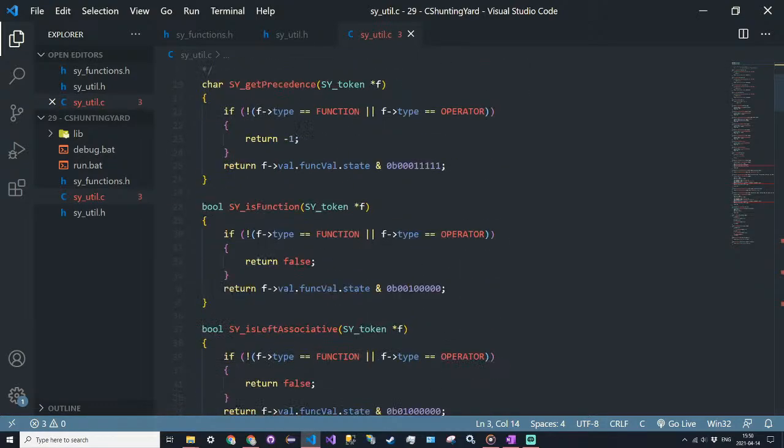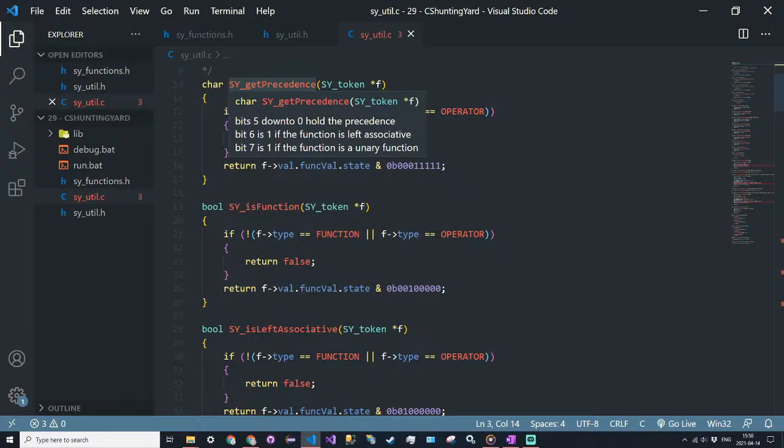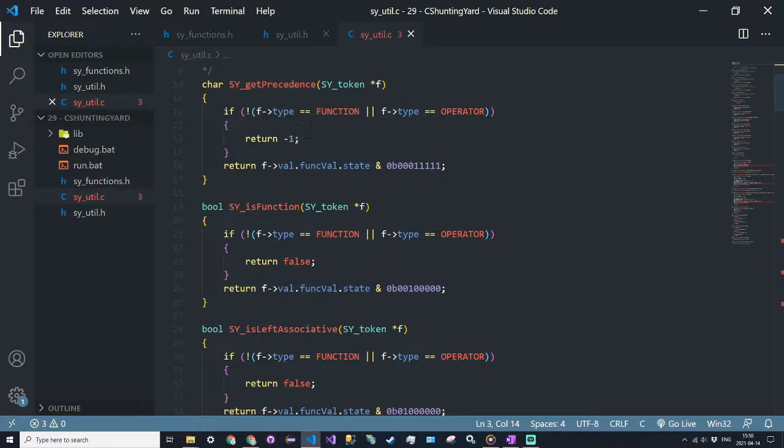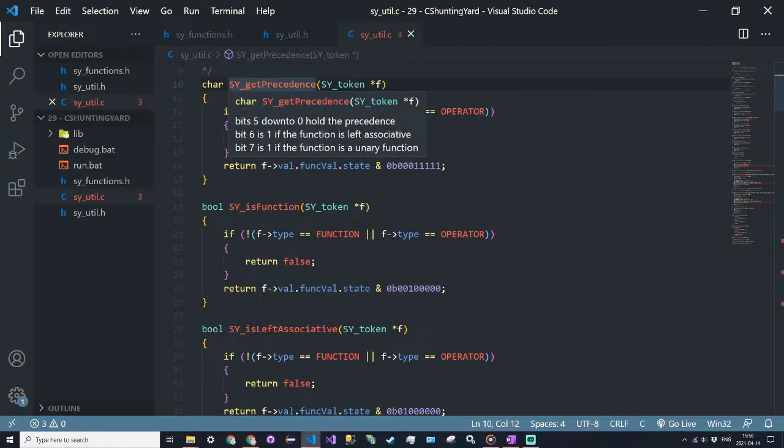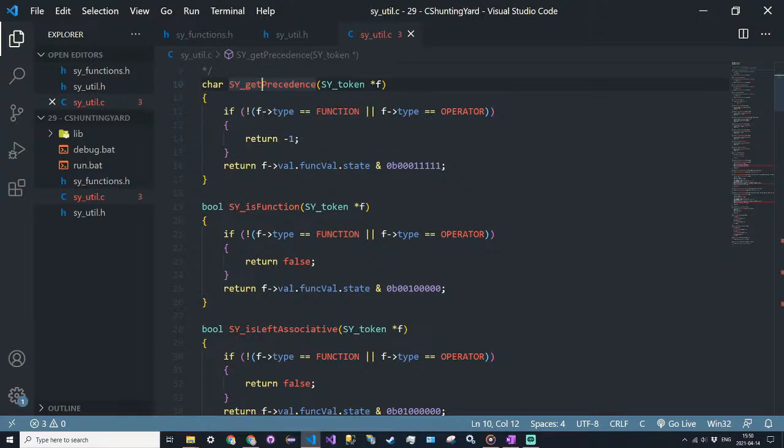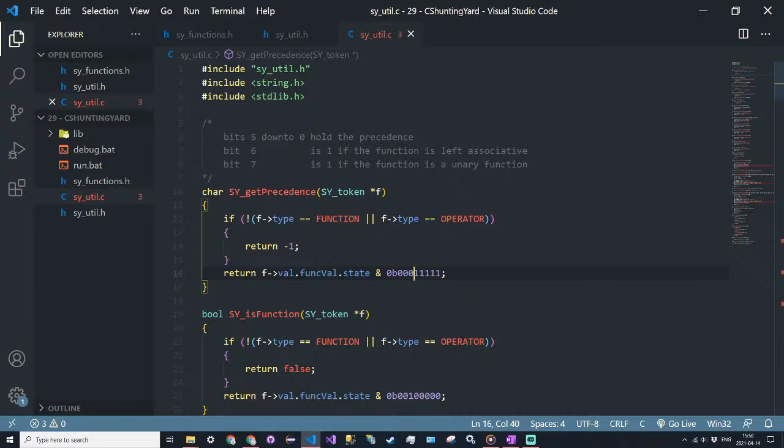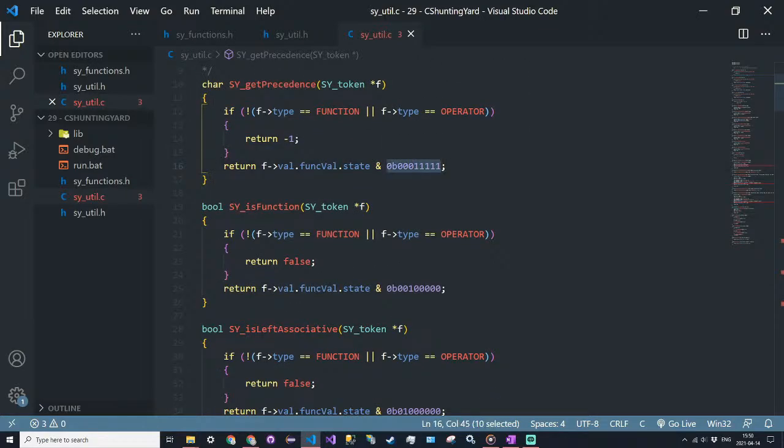The first four functions are going to parse the state variable in the function state. So we have get precedence. Get precedence, like I said, takes the first 5 bits of the state. So all we have to do there is take a bitwise mask, where the last 5 bits are activated.